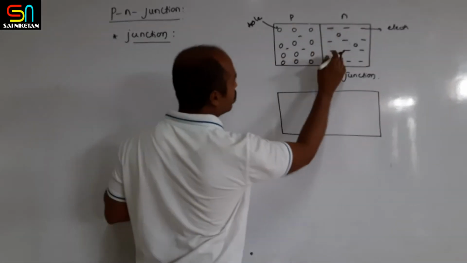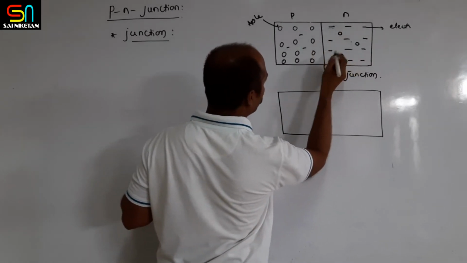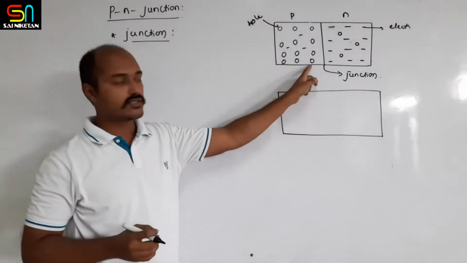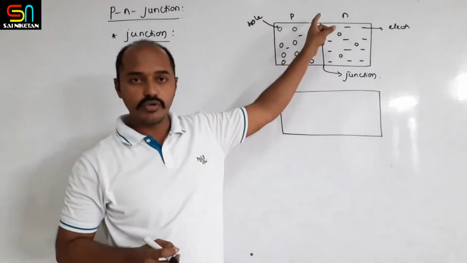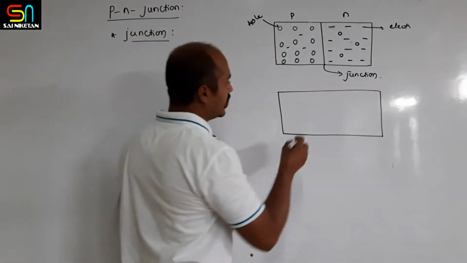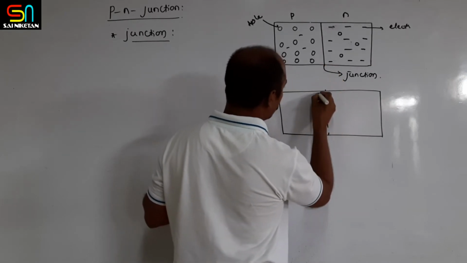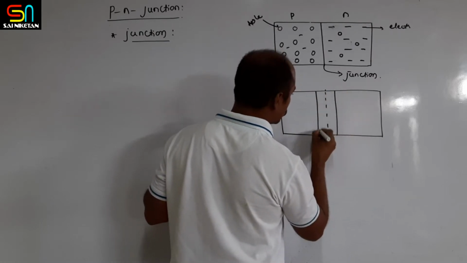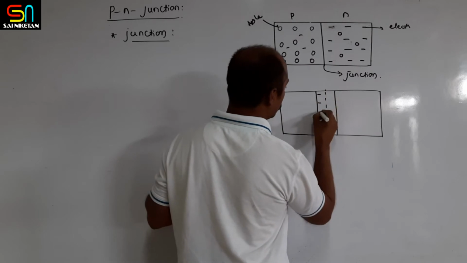Let us say these four electrons cross the boundary and come here. Since an acceptor atom is there, it becomes negatively charged.